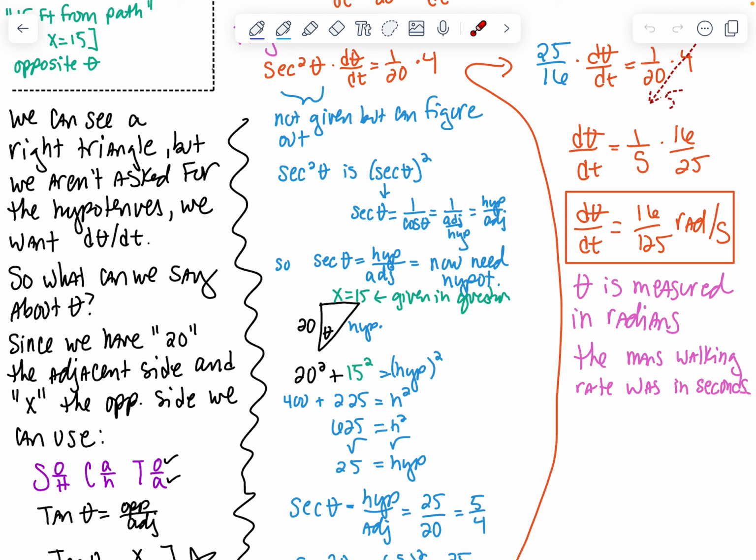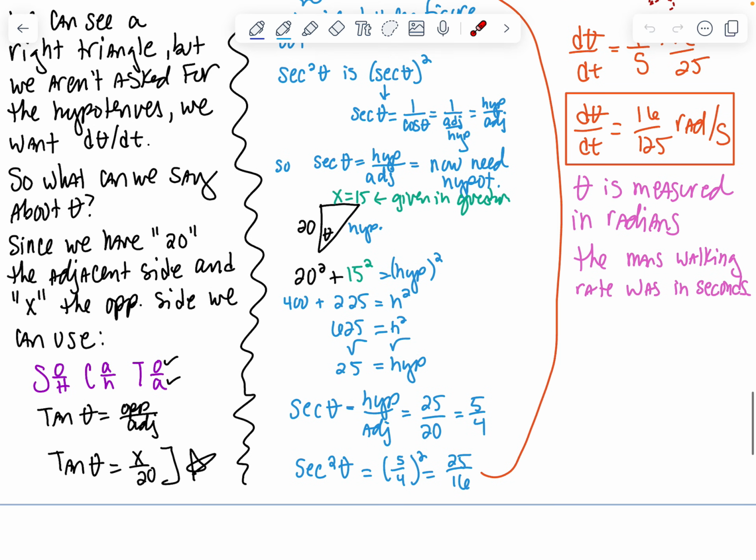This is where the Pythagorean theorem comes in. If this was a, b, and c, I'm squaring a, which was 20. I'm squaring b, which we know is a value of 15. And I'm squaring c, but I wrote the letter h since we're talking hypotenuse. So I square the numbers, I add them, I take the square root of both sides, and we get h, or the hypotenuse, is 25.